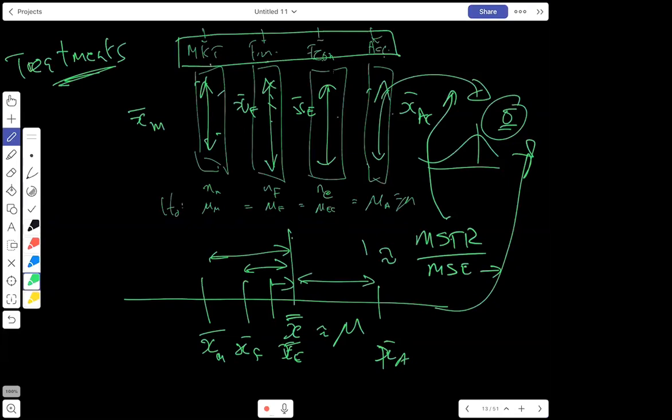And then we're going to have the variation within each of the treatments. In other words, the variation within marketing, or the variation within finance, the variation within econ, variation within accounting. So we're going to call that the error variation. And then if we were to look at all the data together as if it is one big sample, we pull them all together, then we'll call that the total variation.